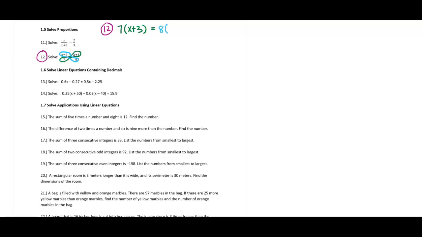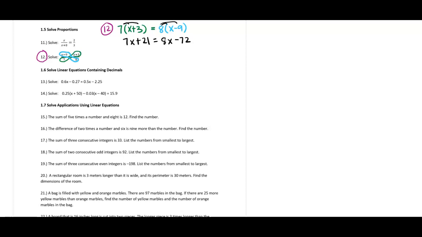And you've got to make sure that you put it in parentheses, because you're doing 7 times all of that stuff inside and 8 times all of the stuff inside there. So make sure you have those in parentheses, because now we've got to distribute that through. So that gives me 7x plus 21 equals 8x minus 72. I'm just distributing those through.